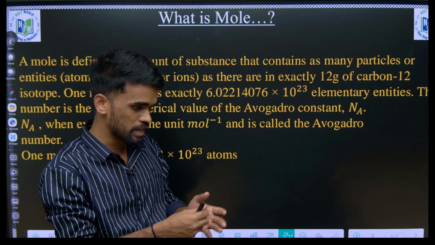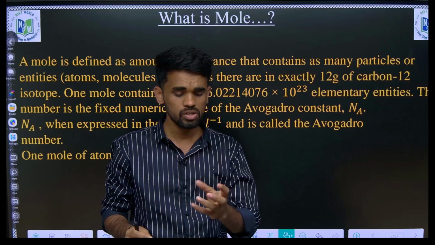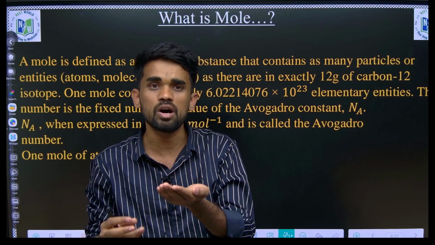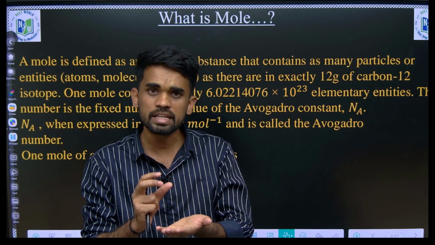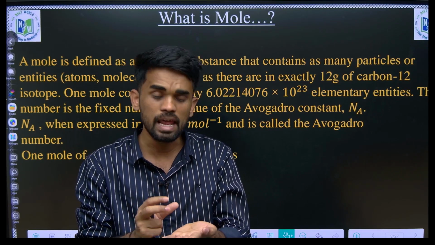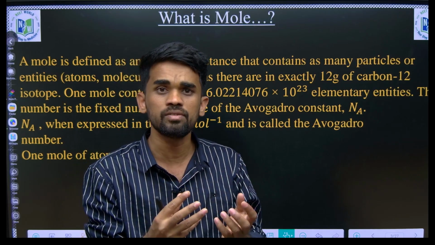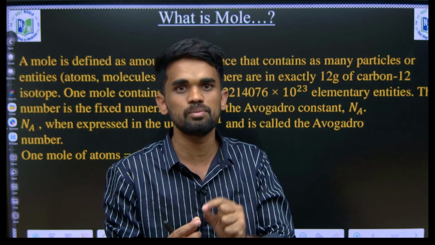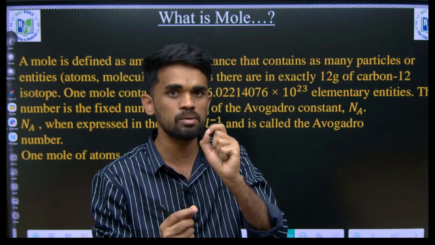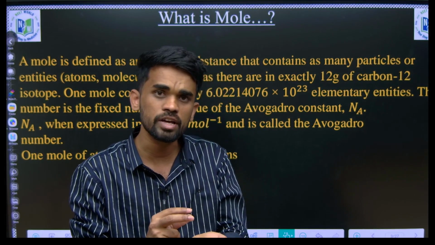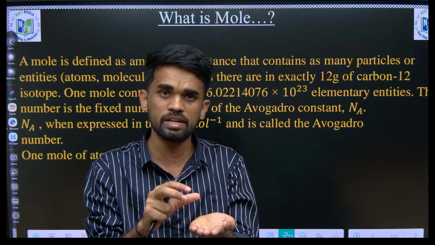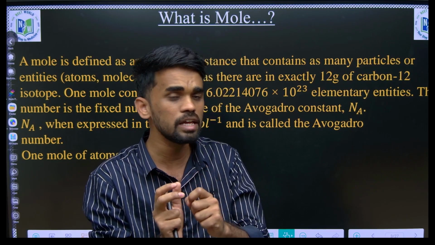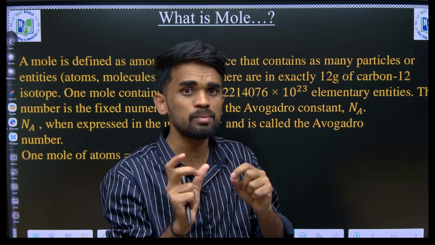Similarly, in chemistry, even when we take a small quantity of any chemical substance, we know lakhs or crores of particles, atoms, will be there. Atoms are very small particles, right? So to express the number of particles present in the quantity we are considering, this word mole is highly helpful.